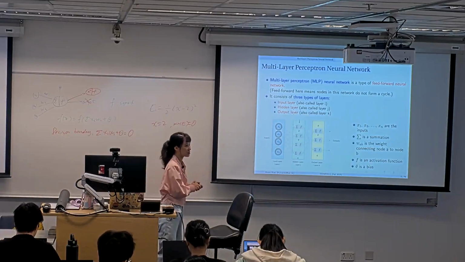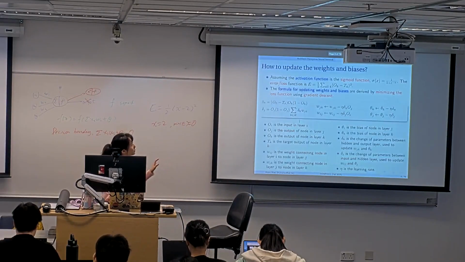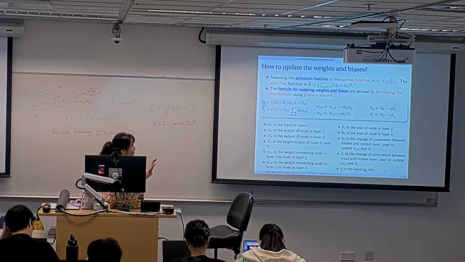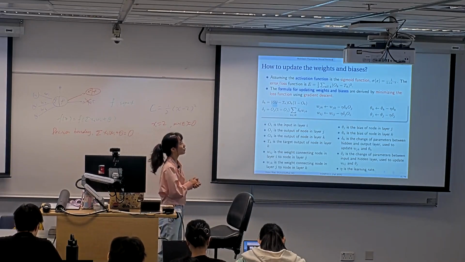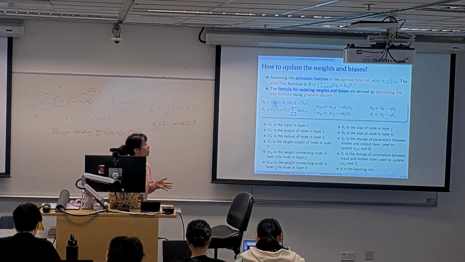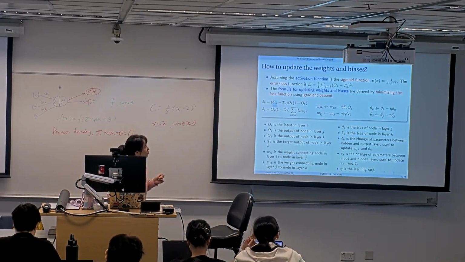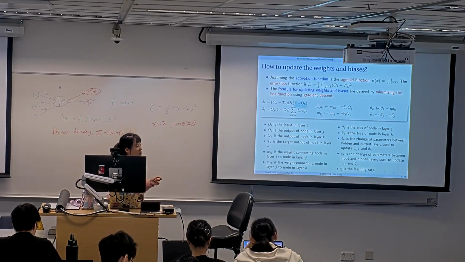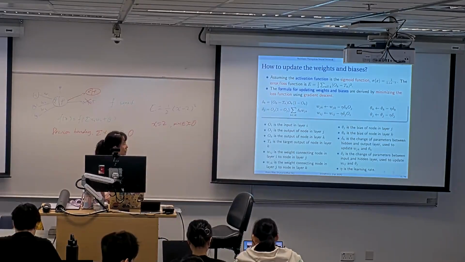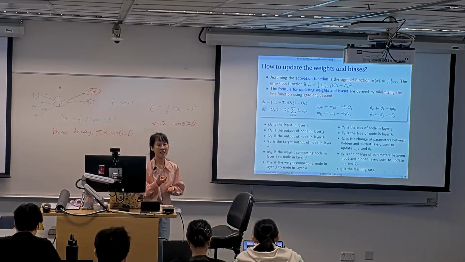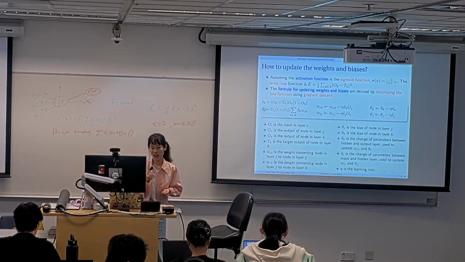So delta K is the computed output big OK for a single neuron, the difference between it and the target, times OK times 1 minus OK, only for a single neuron. And delta J is also just for a single neuron in the hidden layer.